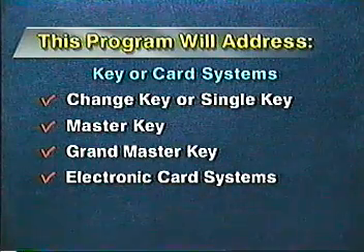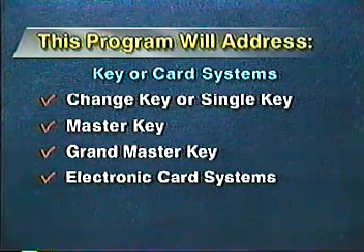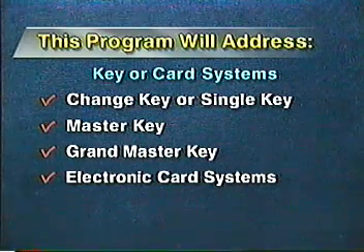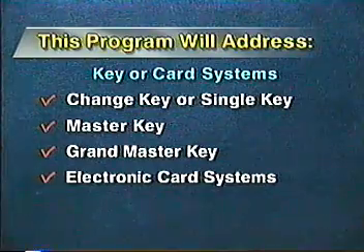Now, this section will show the difference between the change key or single key, the master key, the grandmaster key, and electronic card systems. Now, during this program, we'll also explain the importance of security posts.